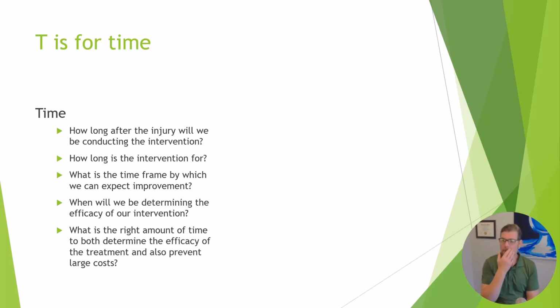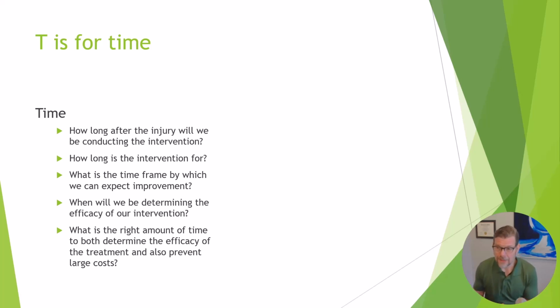What is the time frame for which we can expect improvement? That is, do we say, okay, I'll give the treatment, and then I'm going to wait to see if it has an effect? That's different from how often I am going to give the treatment. When will we be determining the efficacy of the intervention? So when is it that I'm going to do an after shot of my treatment? And what is the right amount of time to both determine the efficacy of the treatment and also prevent large costs?